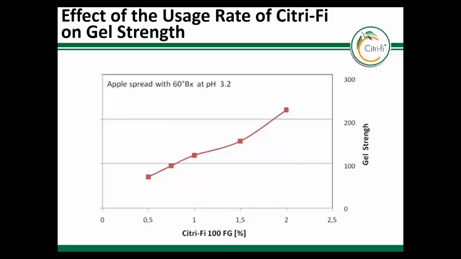As expected, targeted gel strength can be reached by adjusting the Citri Fi usage level. My recommendation is to start with 1 to 1.5%. Always, the natural pectin content of your fruit source needs to be considered, since this also affects the system.